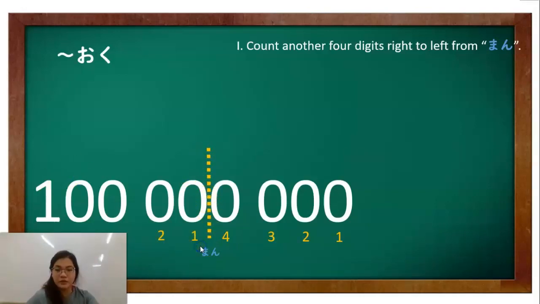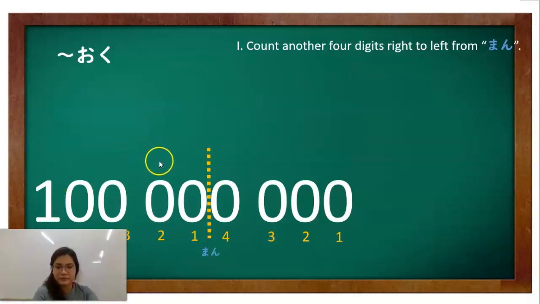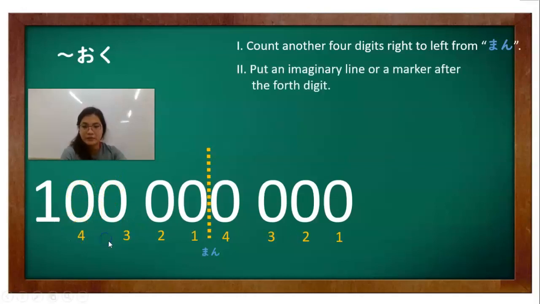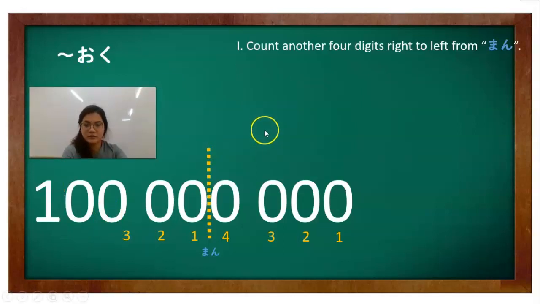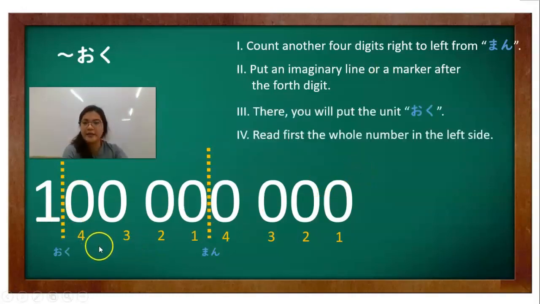Next, 1, 2, 3, 4. And put an imaginary line or a marker after the 4th digit. And then you put oku here. And the last part, read first the whole number on the left side.